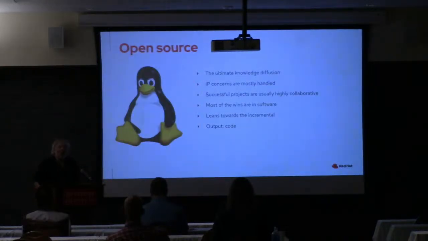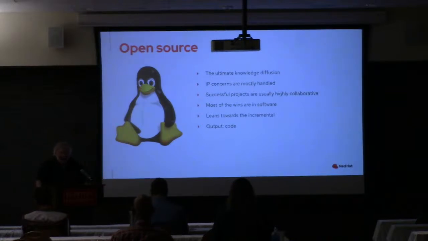And then we have open source. A lot of innovation happens by knowledge diffusion in various forms. And certainly open source is a great example of that. IP concerns are mostly handled in open source, and there can be things like patents, and certainly you have to respect licensing agreements, what the licenses of the software look like, and so forth.